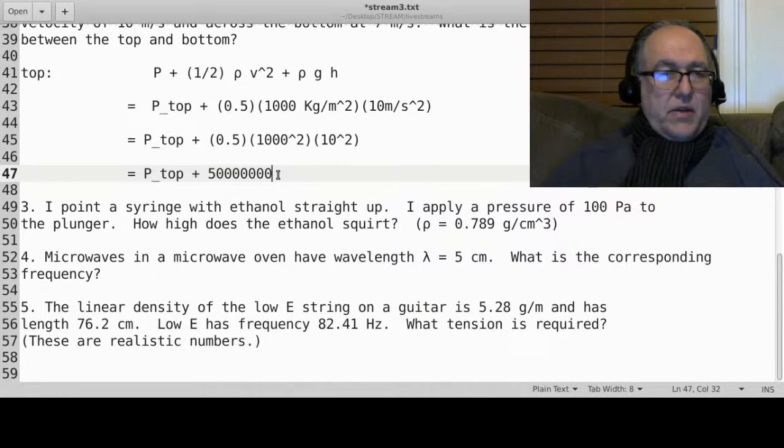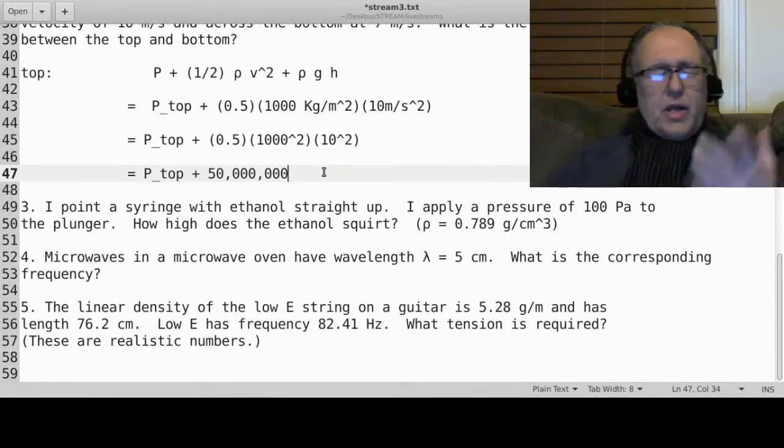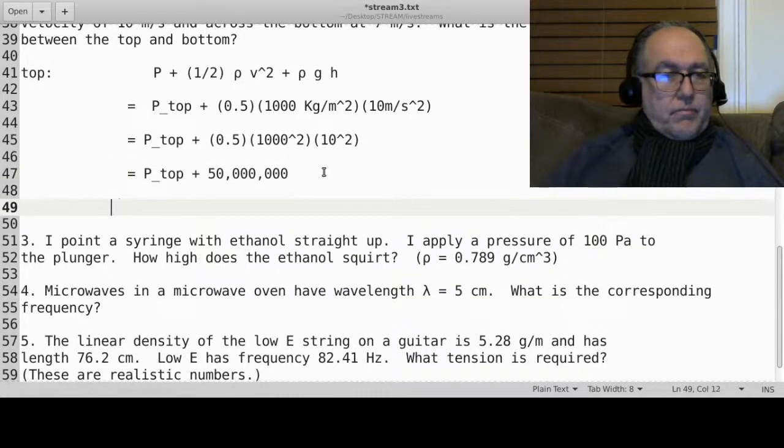Lots of zeros there, but let me put in some commas so we can see. So it's like 50 million. And the units of that, if we worked it through, would be pascals per meter cubed. Sorry, no, joules per meter cubed, or pascals.